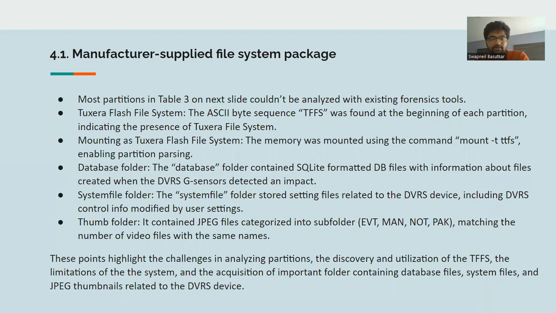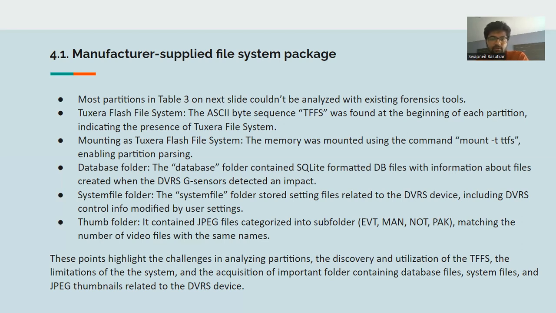Mounting as a Tuxera file system, the memory was mounted using the command mount -t tffs, enabling partition parsing. The database folder contained SQLite formatted DB files with information about files created when the DVR's G-sensor detected an impact. That's when the vehicle is in some sort of accident.